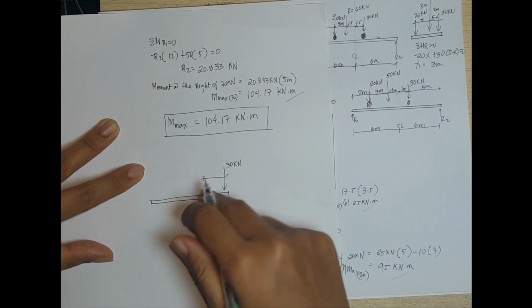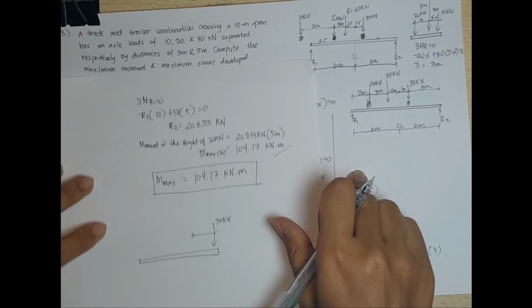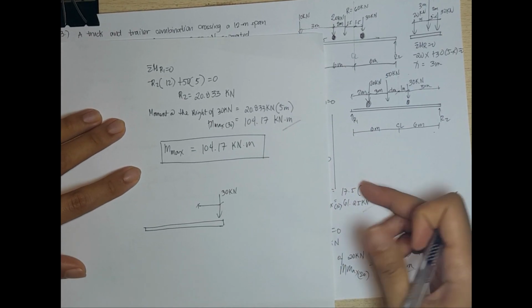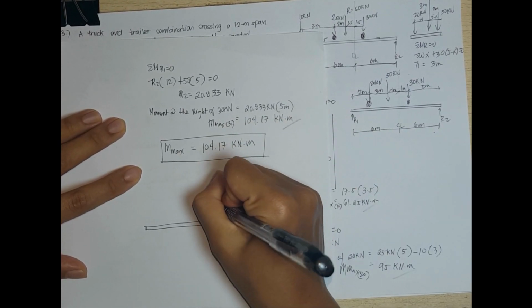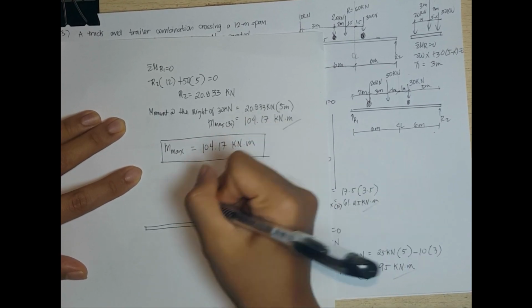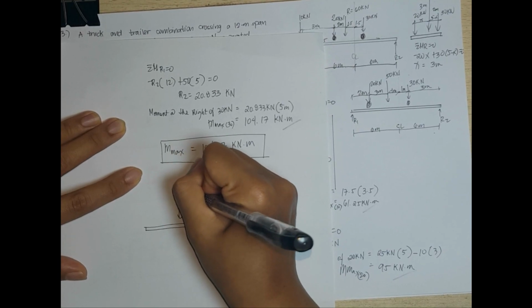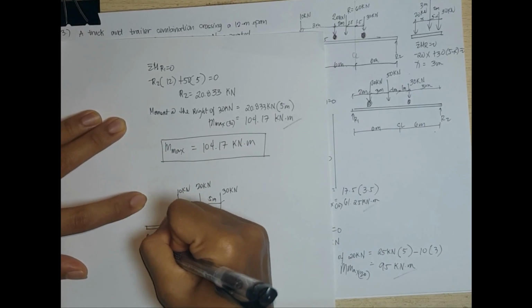So, we have 30 kilonewton. And then, yung span niya is 5 meters for 20 kilonewton. And then, 3 meters for 10 kilonewton. So, we have R1 and R2.